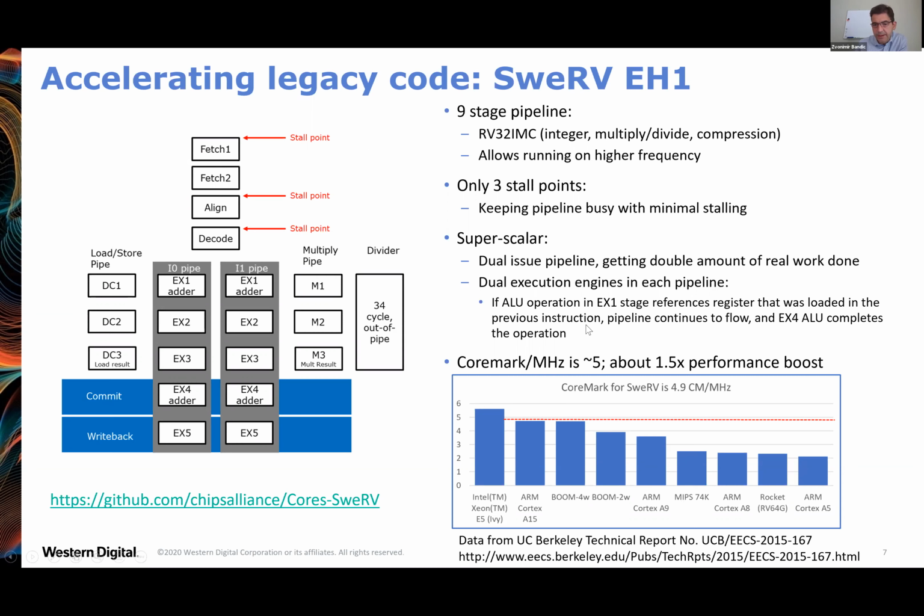So what's important here is that this type of core gives about 50% boost on average compared to single-issue cores, such as RISC-V cores that came from the academic community. This is obviously important. If you're accelerating legacy code, you want to get that boost. For those of you who are interested in learning more details, just go to github.com/chipsalliance and download the source code.